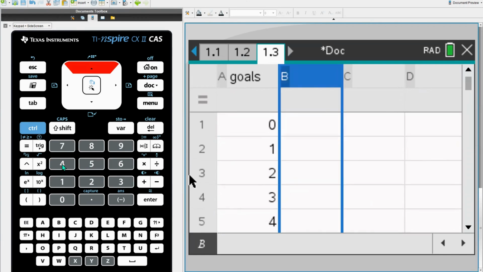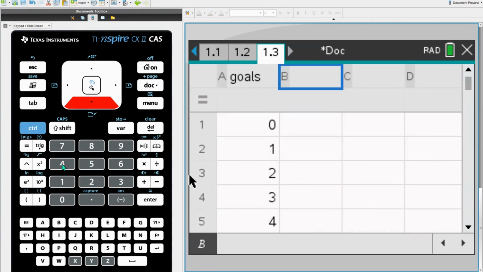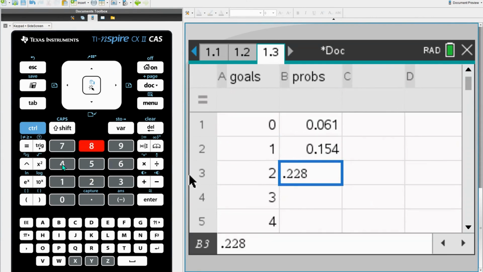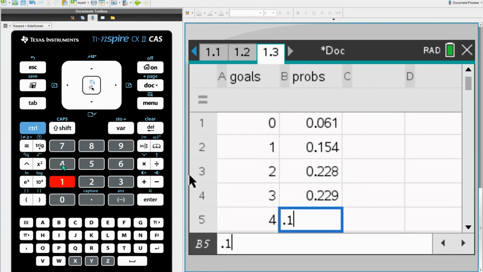In the second column, we'll put in the probabilities for each of those goals. And I'll just put in the data or those probabilities. 5.